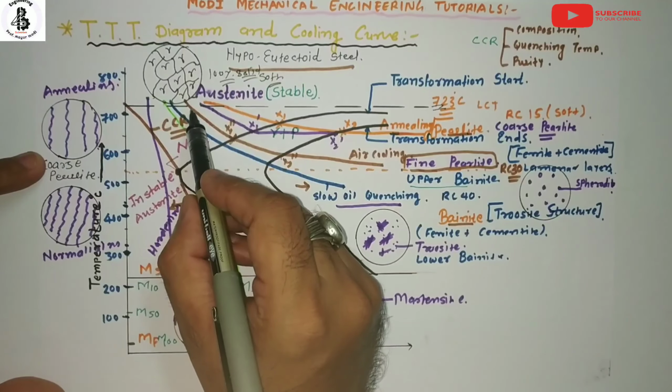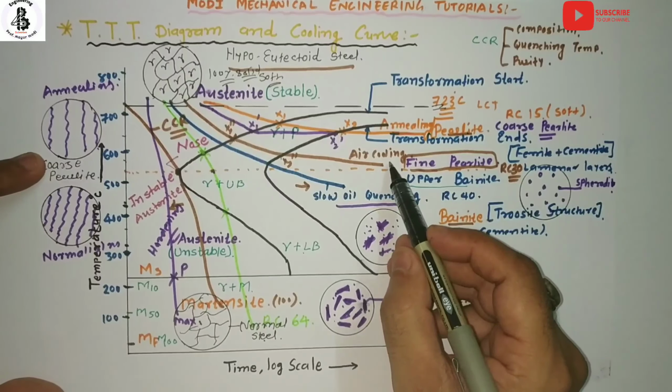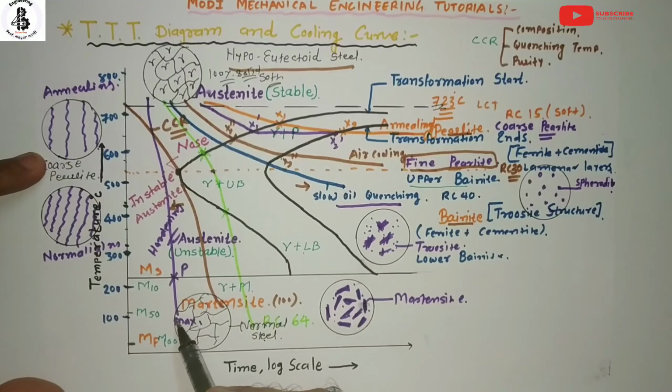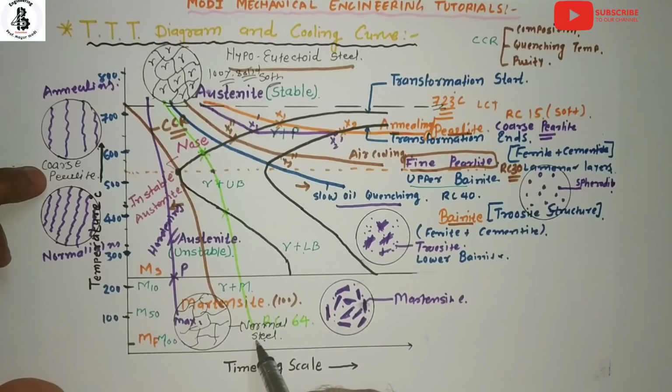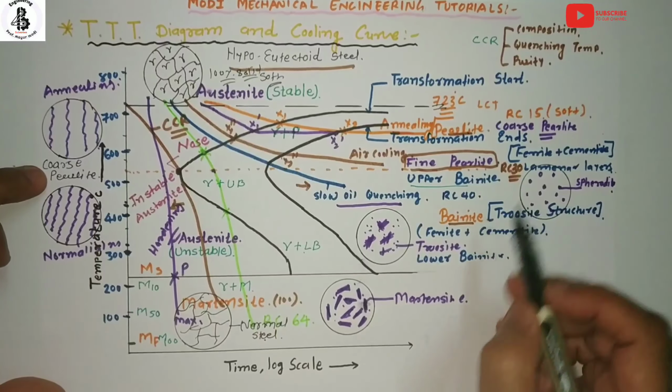Then you follow with a cooling process, either annealing, normalizing, slow oil quenching, or water quenching, or you can say the quenching process. So this normal steel will be converted into different properties as per my requirements.